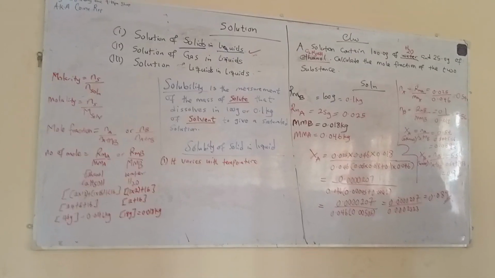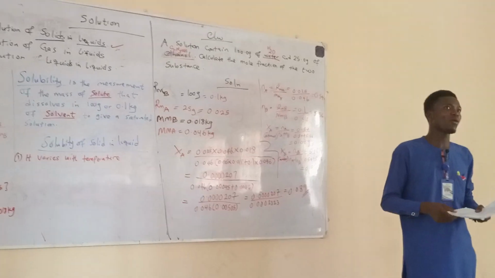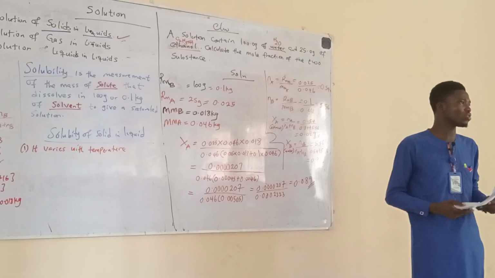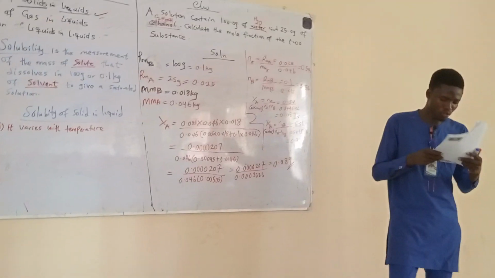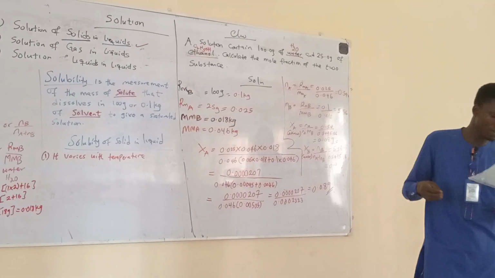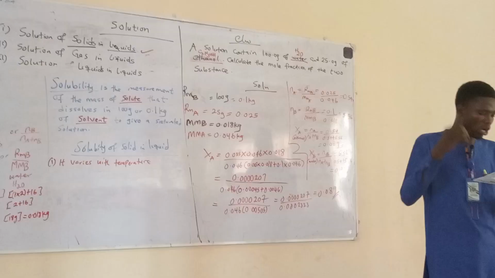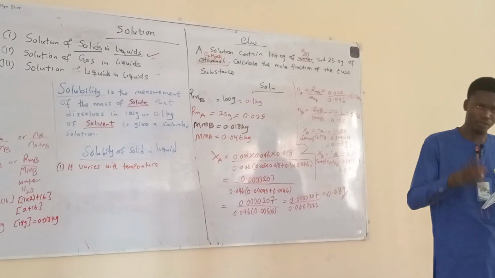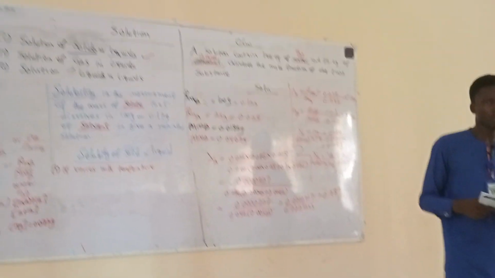Some solids, if you don't heat them up, will not dissolve readily. But when you apply heat, the heat will support the solvent to act more on the solute and they will dissolve more. Now, the solubility of a solid in liquid varies with temperature. The plot of solubility against temperature is called the solubility curve. Write it.